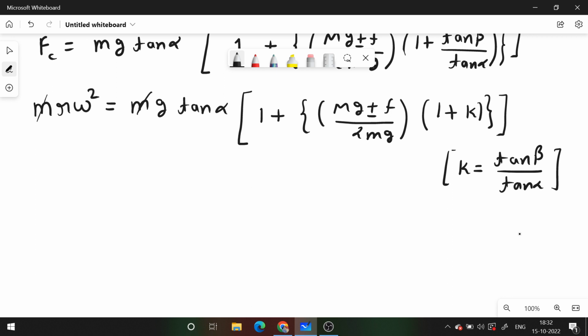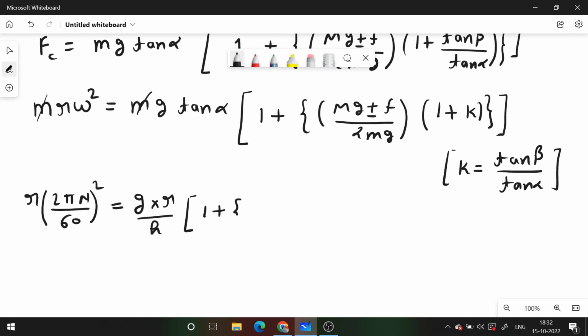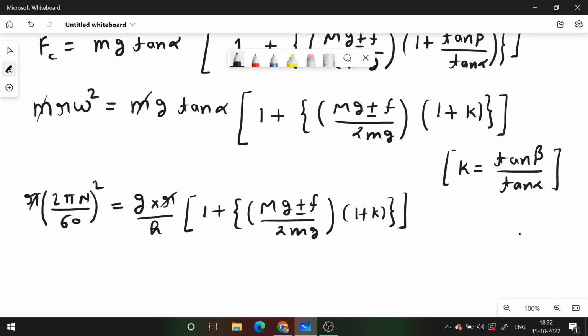So from here r omega square, with omega as 2 pi N by 60 whole square, will be equal to g tan alpha, which is small r upon h, within bracket 1 plus mg plus minus f by 2 mg, 1 plus k. Small r is cancelled by the small r.